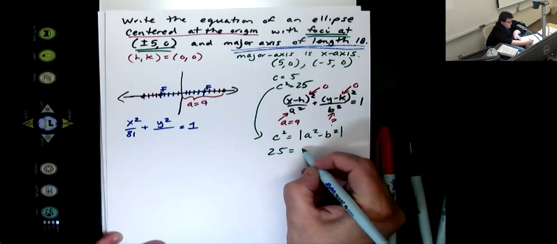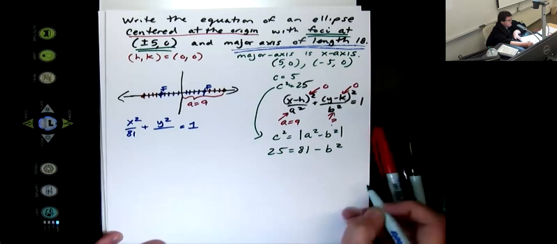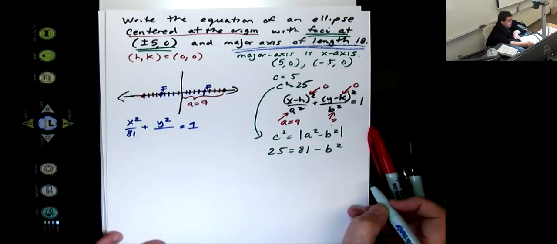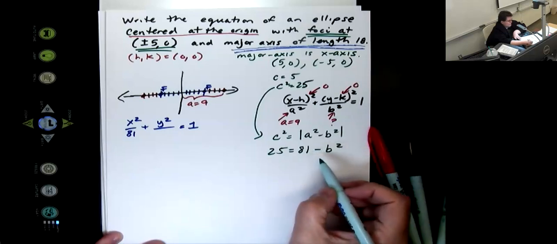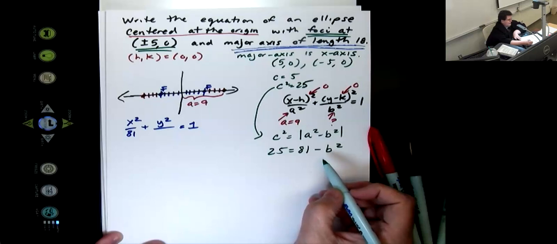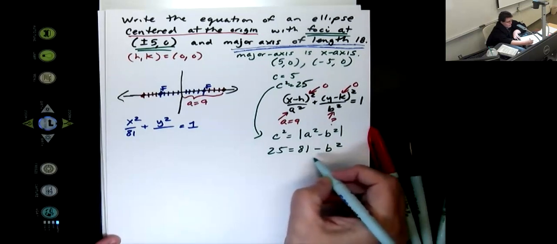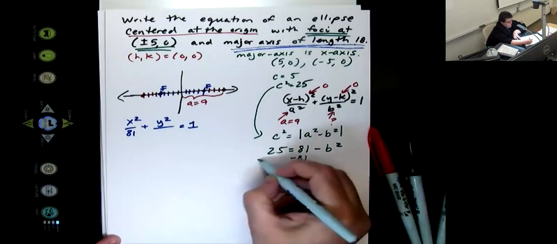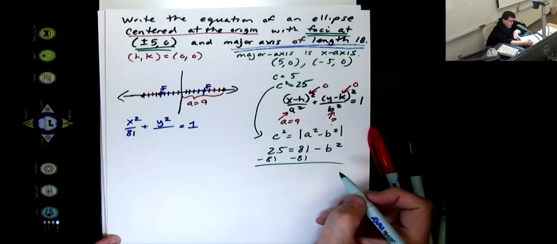And so we have 25 equals 81 minus B squared. The way you can quickly find out if you don't know is plug it in, and if you end up getting a number squared equals a negative number, you need the absolute values. Here we're not going to need it though, because if I subtract 81 from both sides, what do I get?